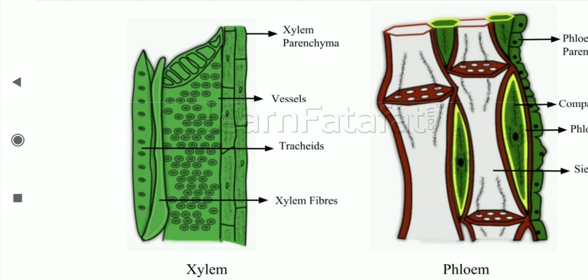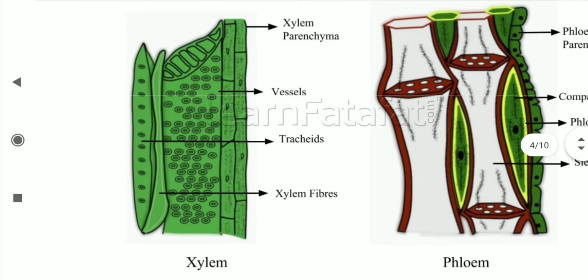Third is xylem parenchyma. Children, the outer one you are seeing, this is xylem parenchyma. These are living parenchymatous cells present in the xylem. Children, there are 4 types of cells in xylem: xylem parenchyma, vessels, tracheids, xylem fibers.